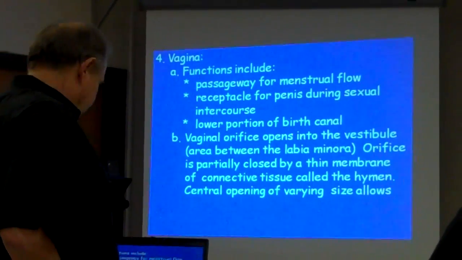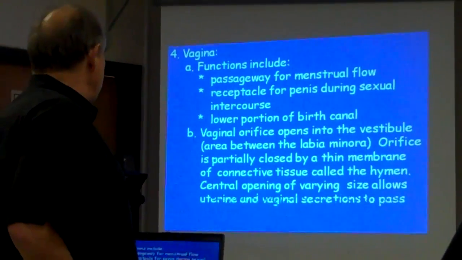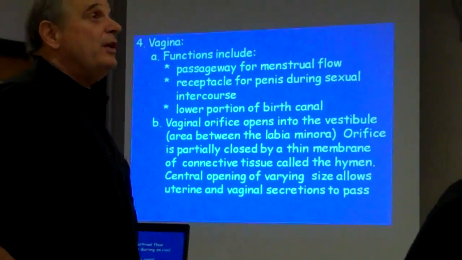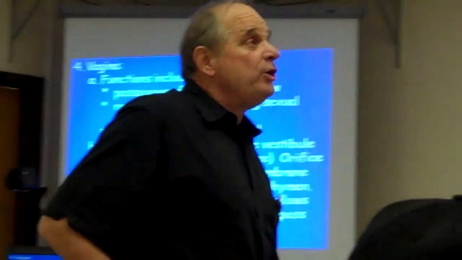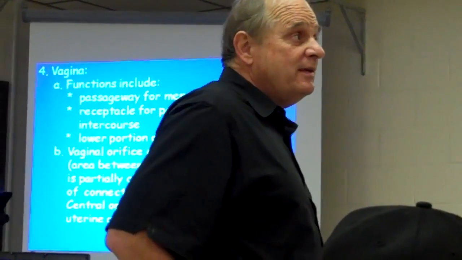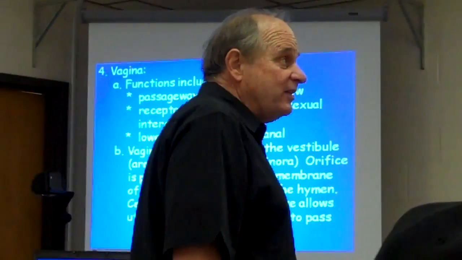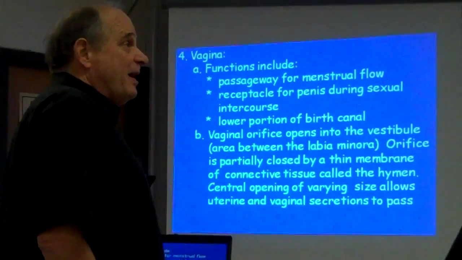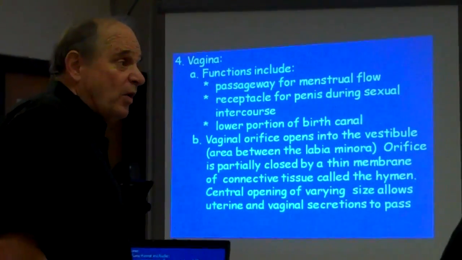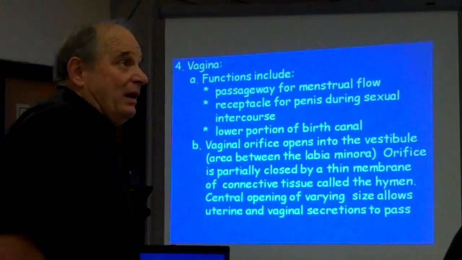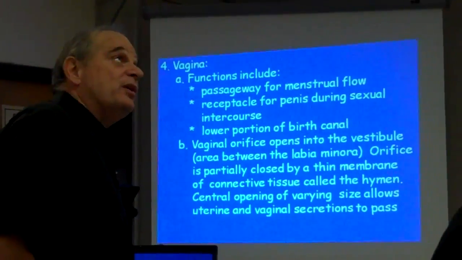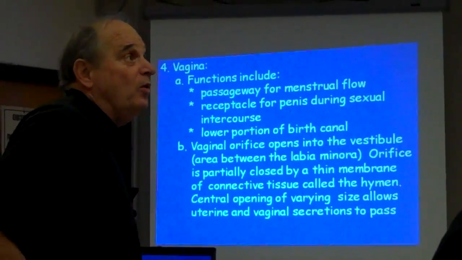In fact, we're going to talk about the paraurethral glands, on either side of the urethra. We'll talk about the Skene's glands and the greater vestibular glands, and one of those is homologous to the prostate, and the other is homologous to the bulbourethral gland.